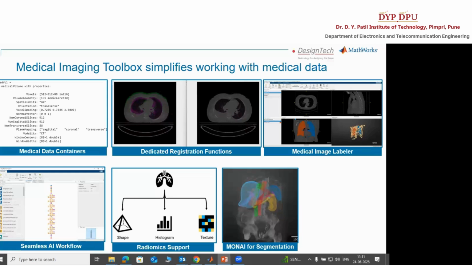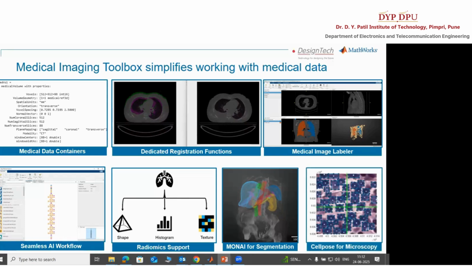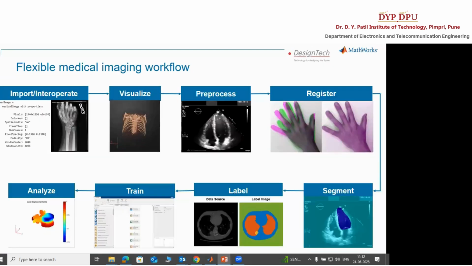For that purpose you require a CUDA-enabled GPU in your laptop so that proper segmentation and visualization can be done. I will show you how to interface that, and then Cellpose for microscopy is also there. So let us jump in.